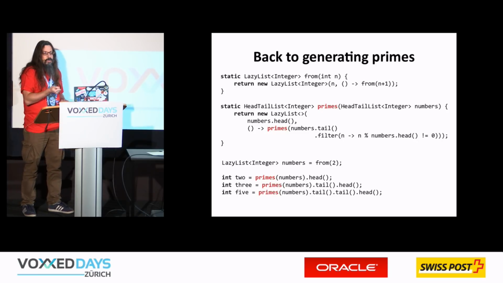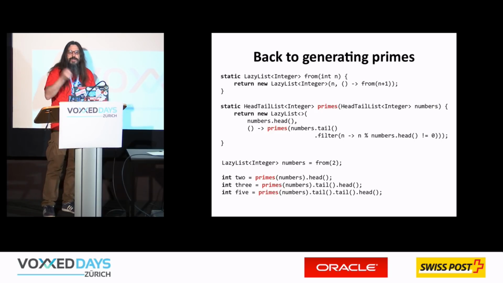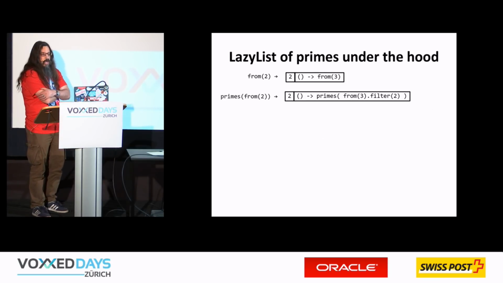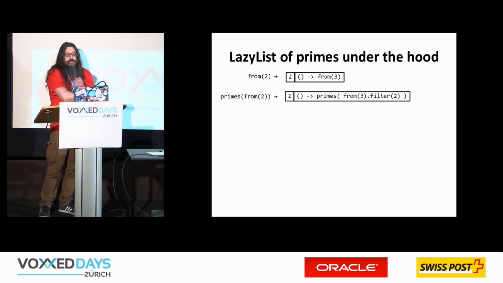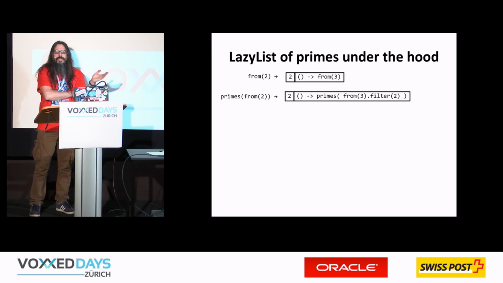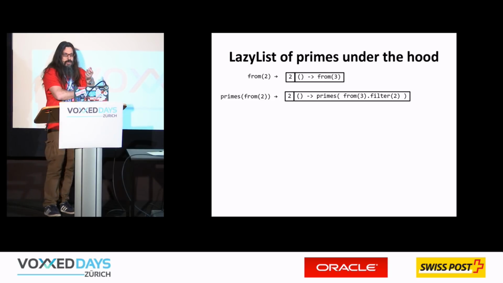I started with an infinite list that starts from 2. You can see better how it works here. I start with a list that has just 2 as the head, and the tail is a supplier of all the numbers starting from 3. And then I call give me the primes.